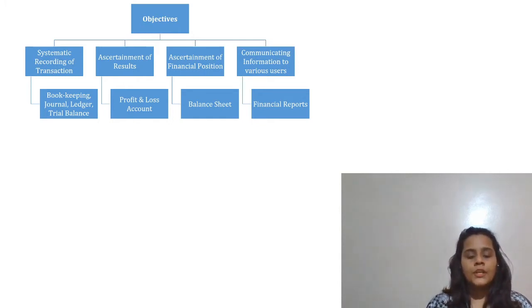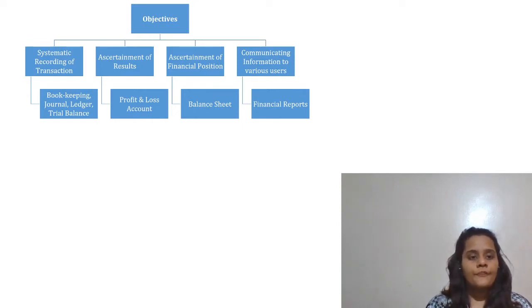Therefore, it communicates to the various users of the financial statement, such as the owners, suppliers, customers, investors, etc. what is the position of assets and liabilities, and how much profit or loss the company has made during the year.